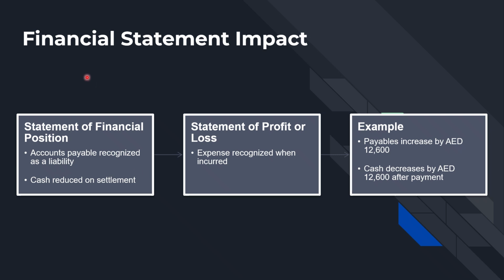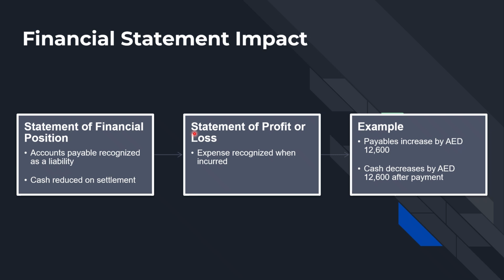Now here we are looking at how the creditor cycle affects the financial statements. Starting with the statement of financial position, accounts payable appear as a liability once they are recognized, and when the payment is eventually made, cash is reduced as the liability is settled. Moving to the statement of profit or loss, expenses are recorded when they are incurred, not when payment is made.